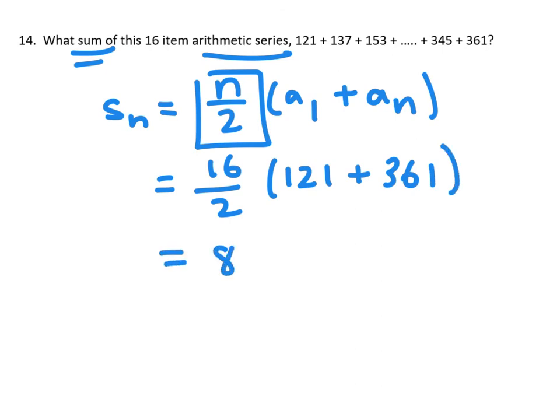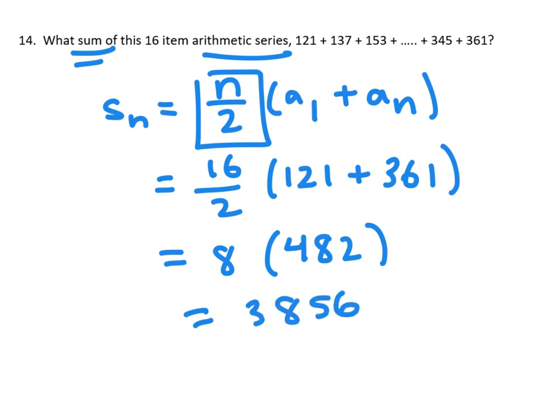So that becomes 8 times 482. And it comes out to 3,856. First term, last term, n divided by 2.